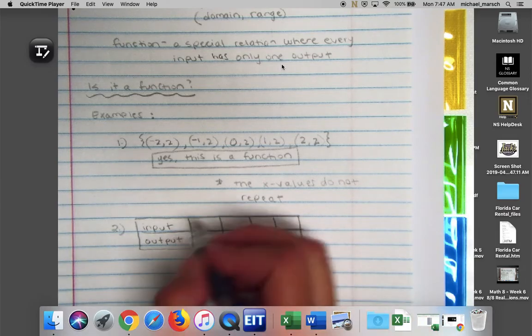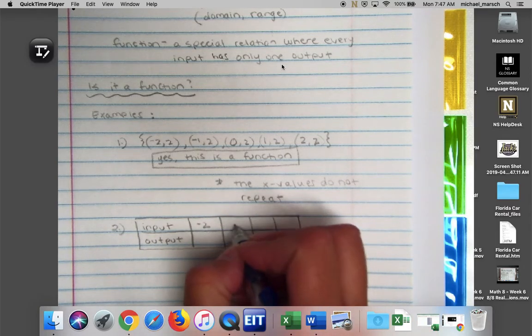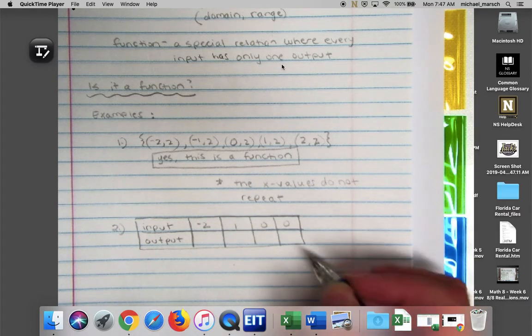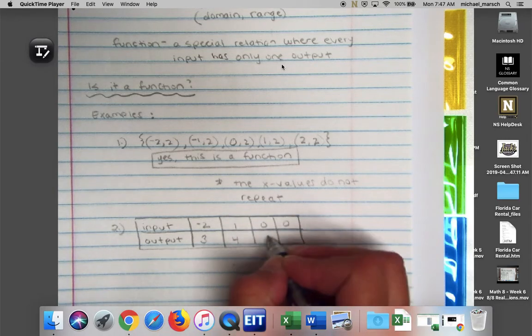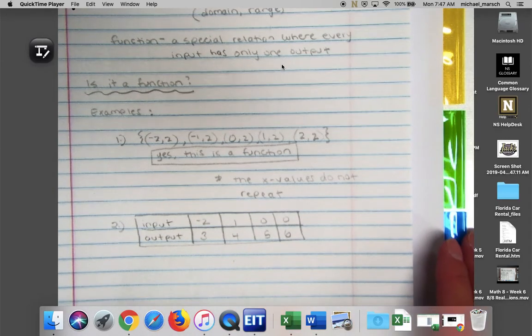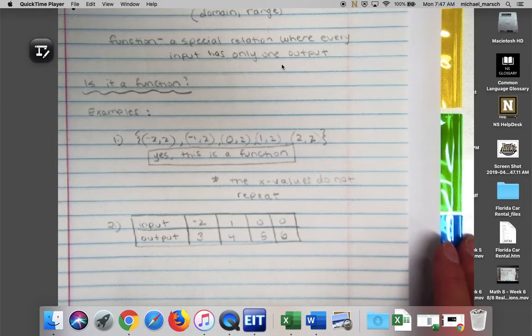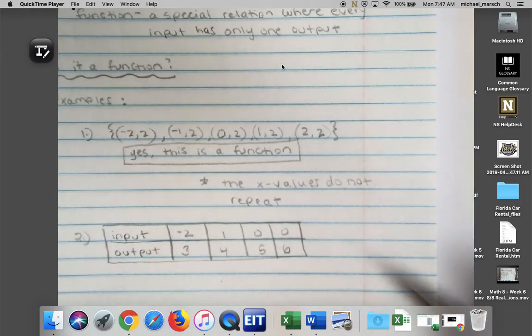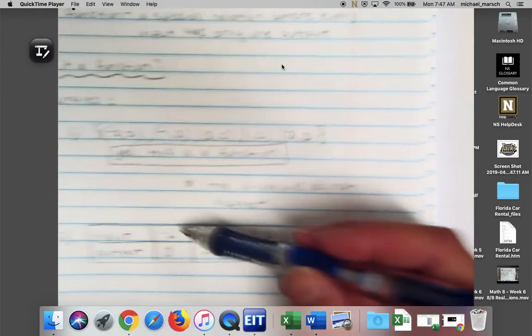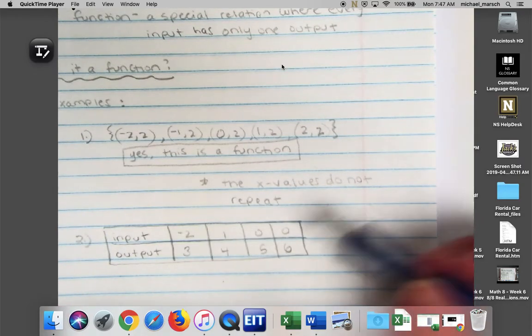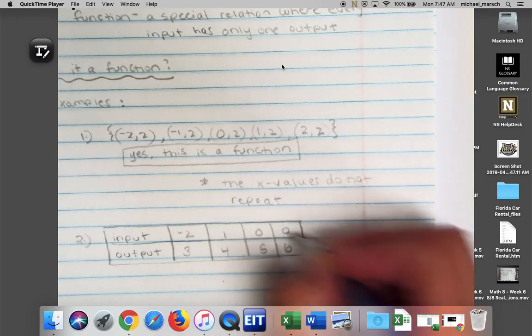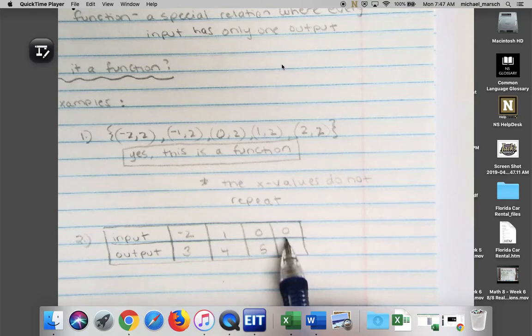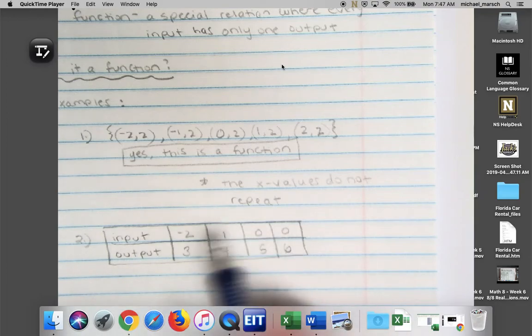So we're going to use -2, 1, 0, 0, 3, 4, 5, 6. Okay, so when I look at this table here, I'm going to ask myself, does every input have only one output? And the answer is no, because we have two inputs that repeat. This 0 repeats, so that disqualifies it from being a function. So this relation, this set of ordered pairs, is not a function.